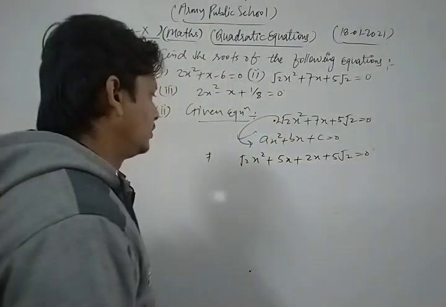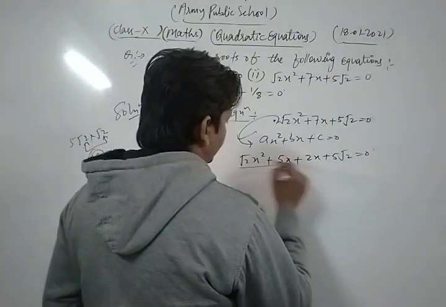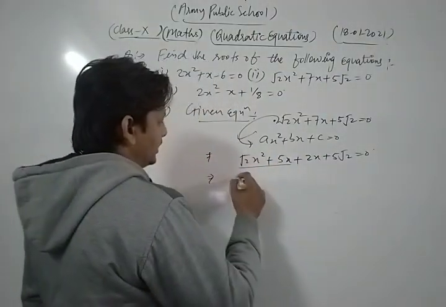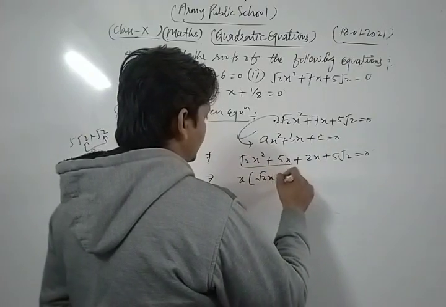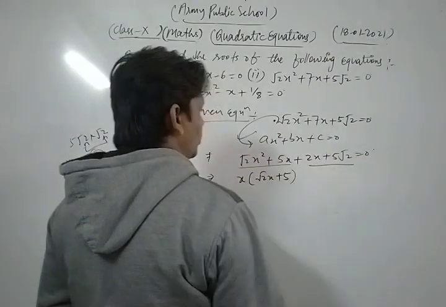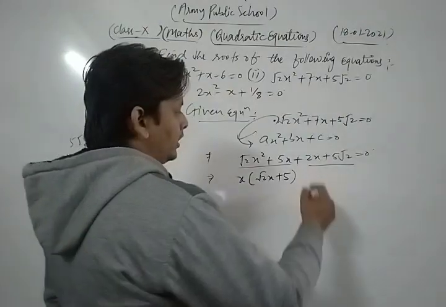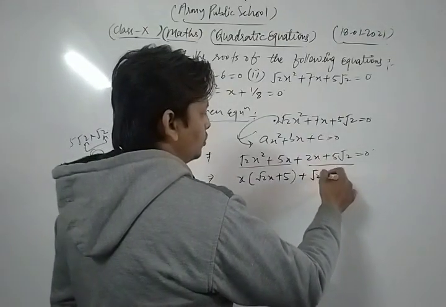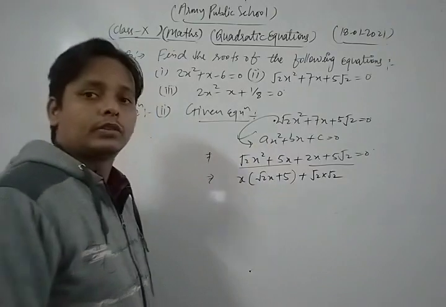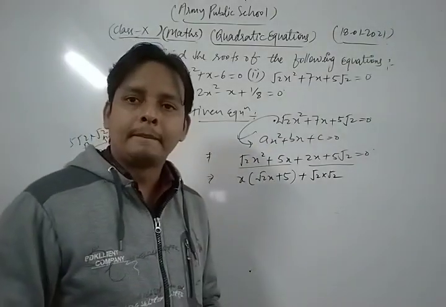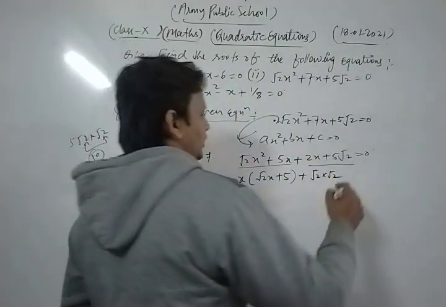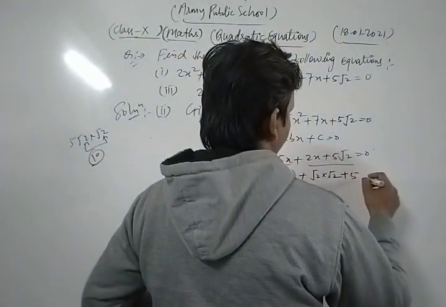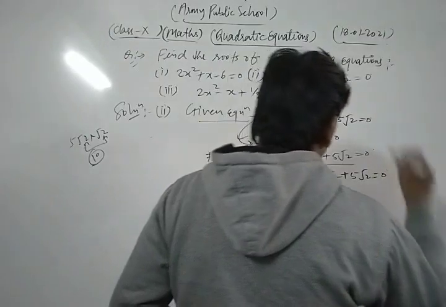Now listen, here we take x as common, so we get x(√2x + 5). And here, what is the common value? Let's see, 2 can be written as √2 times √2, because √2 times √2 is 2, so we write it this way, plus 5√2 = 0.